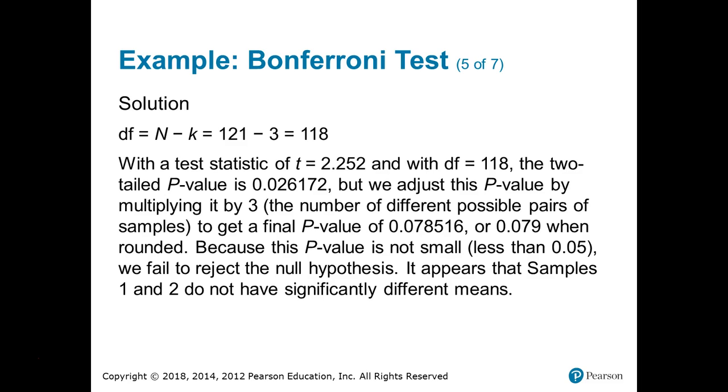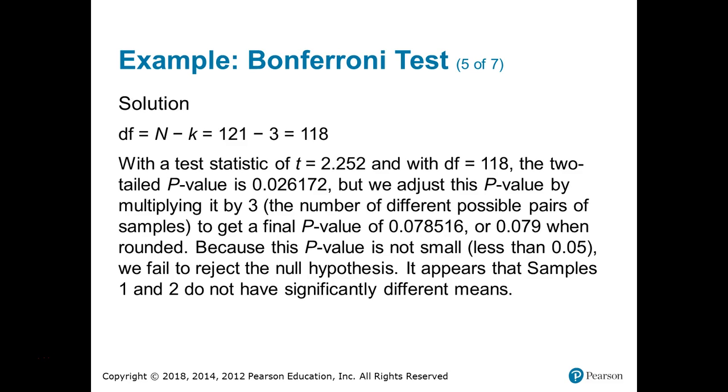So with a test statistic of t equals 2.252 and degrees of freedom of 118, the two-tailed p-value is 0.026, but we adjust this p-value by multiplying it by 3, which is the number of different possible pairs.